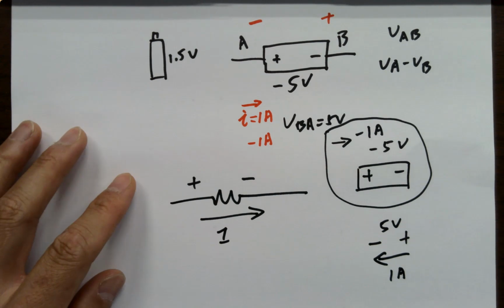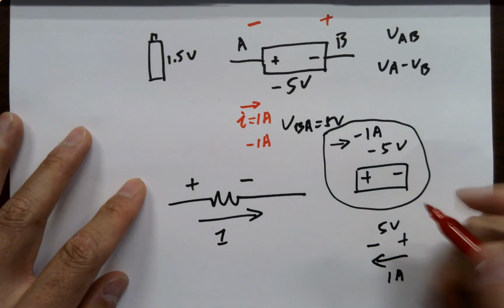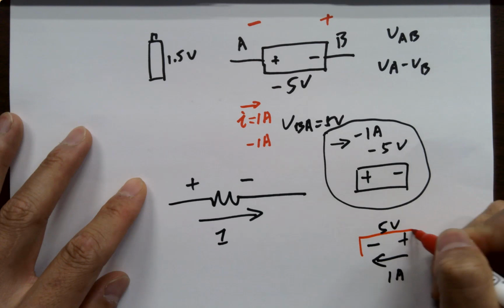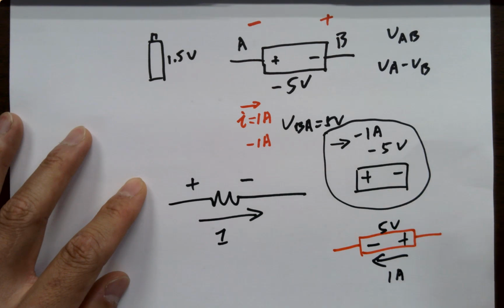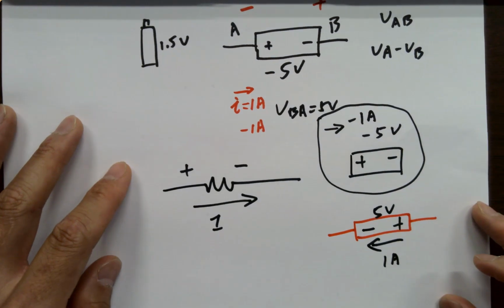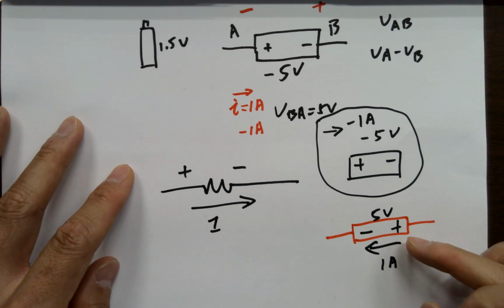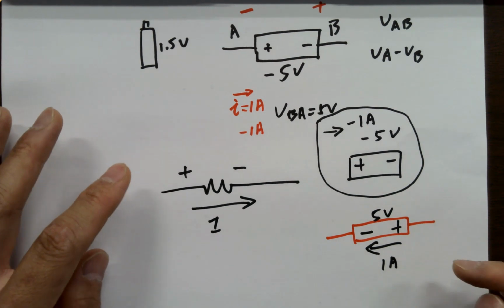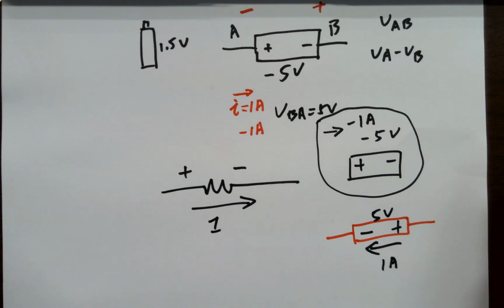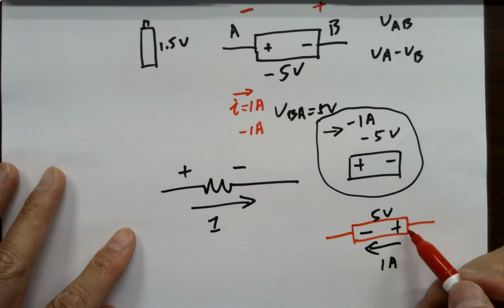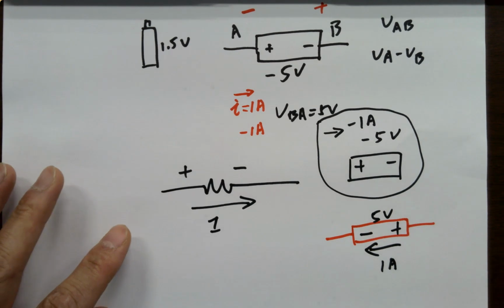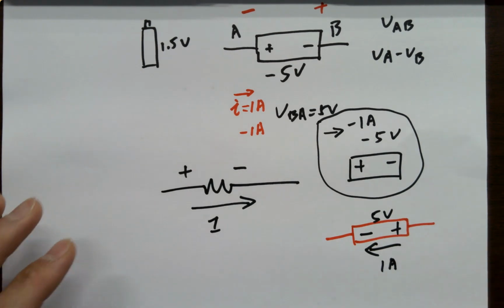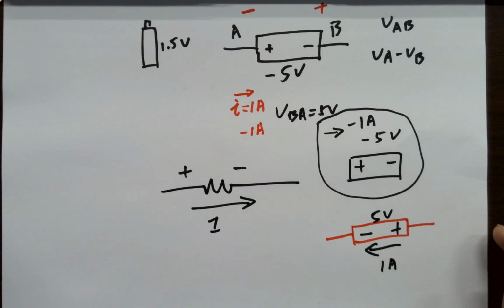So in that way, you will be able to know, whatever the component is, it's a black box, is it absorbing energy or delivering energy? Whenever it's delivering current out from the anode, it's delivering energy to the outside of the circuit, sorry.